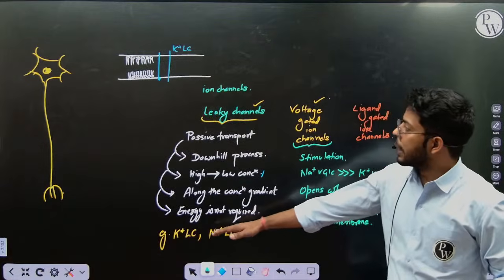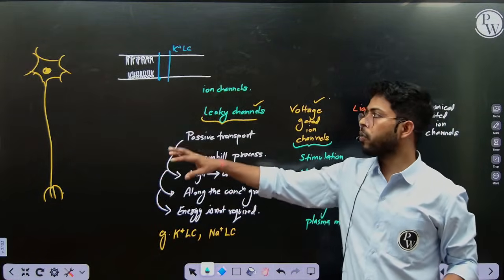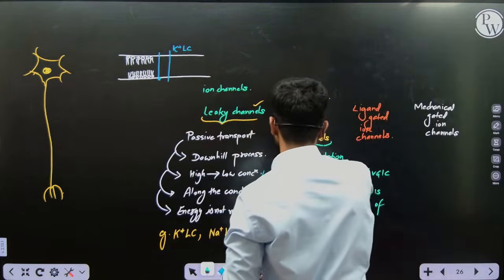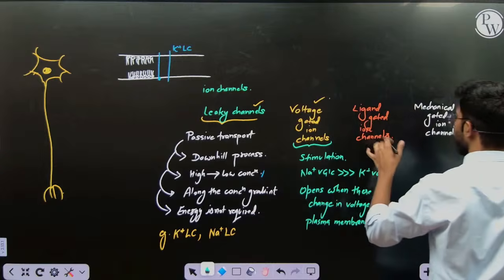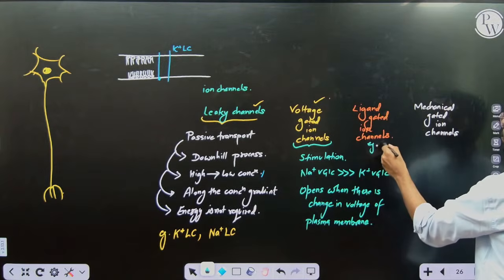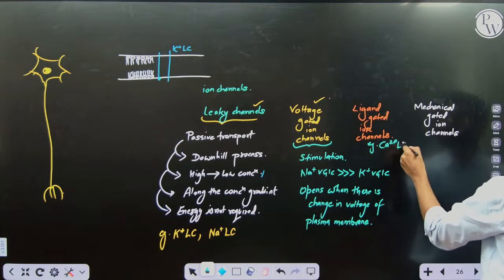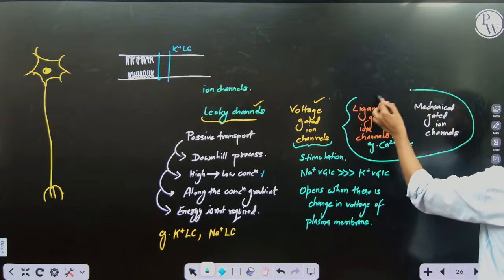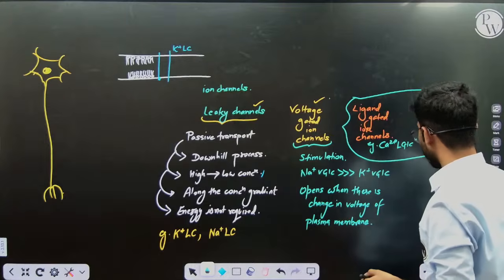So these leaky channels are responsible for the generation of this membrane potential. So let us discuss how. And ligand gated ion channel examples are the calcium ion, LGIC, but you do not have to study or memorize these things.